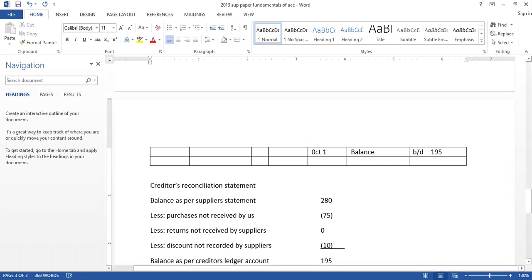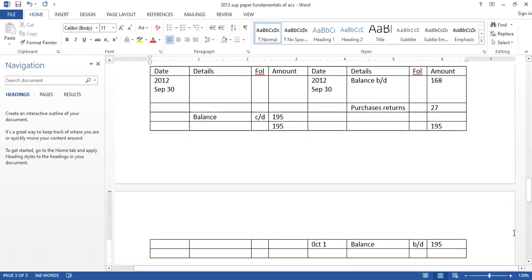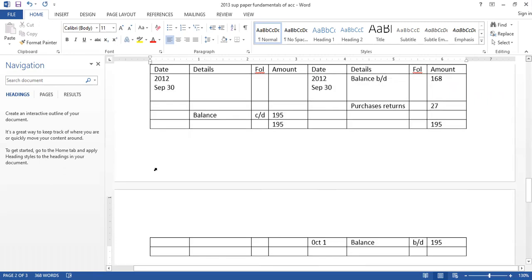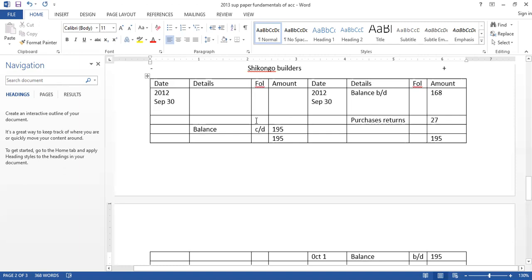So you're saying that there is no need for you to draw the creditors reconciliation statement on 3.3, with the creditors reconciliation.